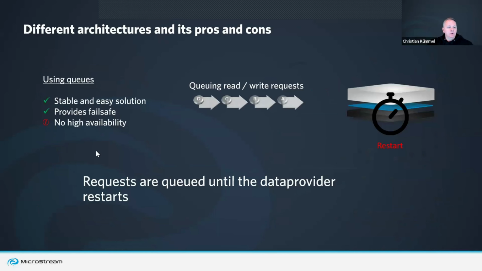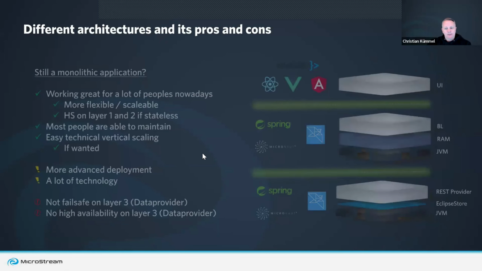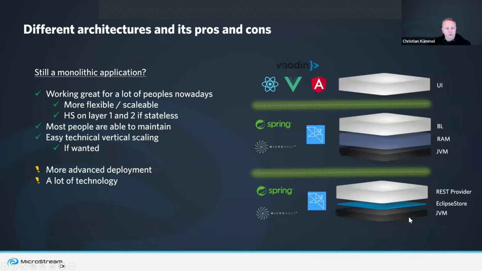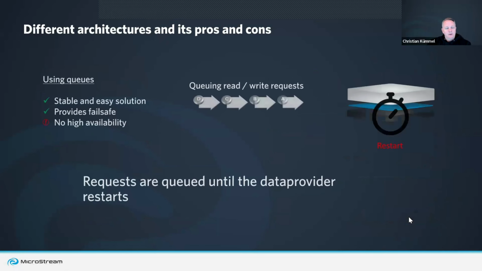You could use a queue, right? So let's jump back to this layer here. There is an issue on layer 3 based on fail-safe and high availability. But we could add a queue in between. So when some containers or some applications are not available anymore, we could queue the reads and writes.